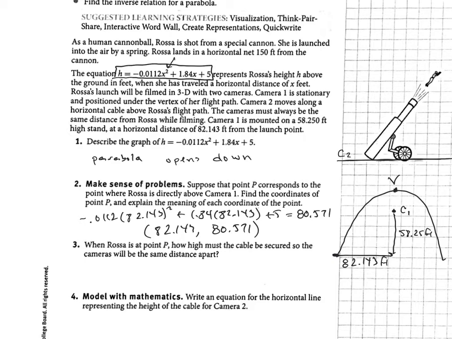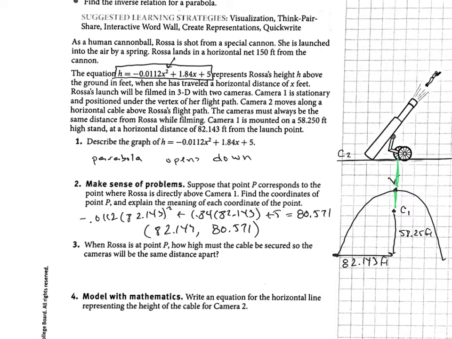So when Rosa is at point P, how high must the cable be secured so the cameras are the same distance apart? The cameras are going to be the same distance apart the entire path, but right here we want to make sure that this space and this space are the same. This is an important part of a parabola when looking at it as a conic section.